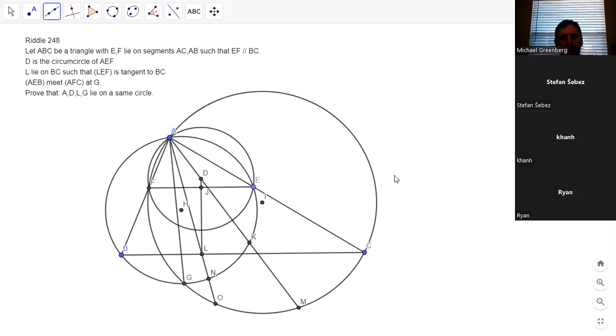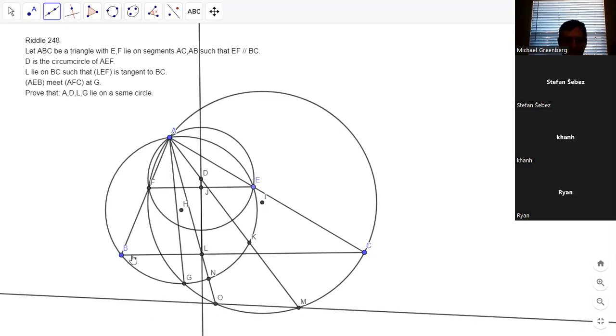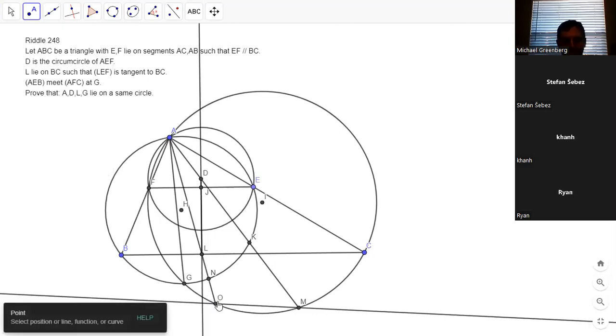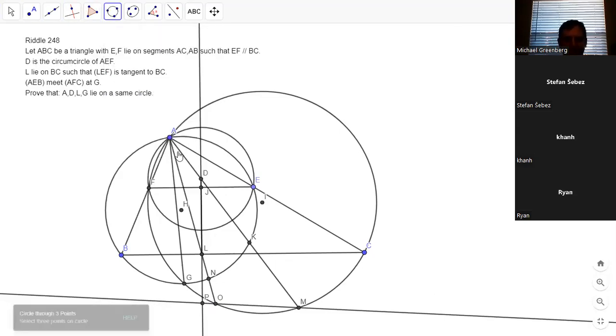What's the spiral similarity that takes LO to DM? I guess I'd intersect those two at a point, and then I'd take the two circles. And that would be the center of that spiral similarity.